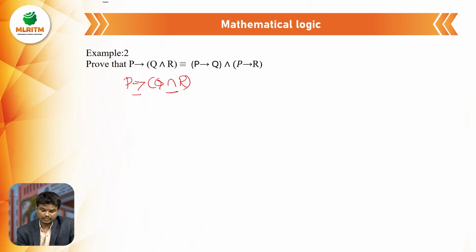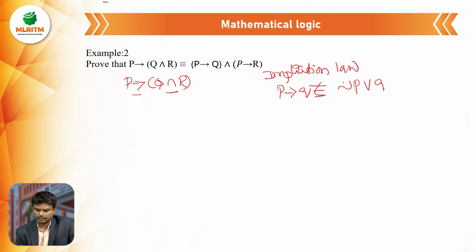By using the implication law, P implies Q is equivalent to negation P or Q. So apply here, it is P, it is Q.